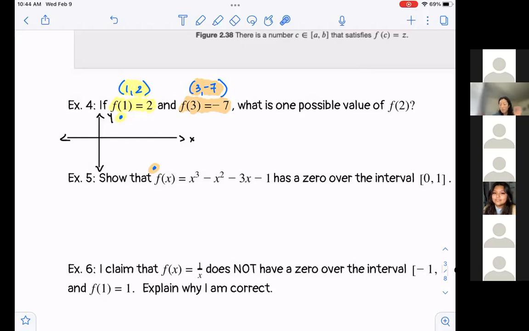Okay, so if I were to connect the yellow point to the orange point, what's one way that I would do that? Draw a line. Yeah, draw a line, right? Short and simple, draw a line, okay? What else could I do?